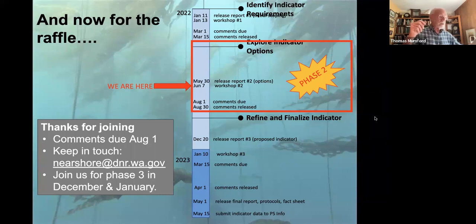All right, so just to wrap up here, you all can see the screen. The "we are here" arrow just moved downwards just a smidge, right? We're at the end of workshop 2. So as Helen said, we're still taking comments until the 1st of August. And I think in the meantime, this is really important, that this conversation is not over. This was just kind of almost a warm up. And if people want to have more questions, if they want to meet as groups, if they want to have one-on-one with various people, get a hold of us.